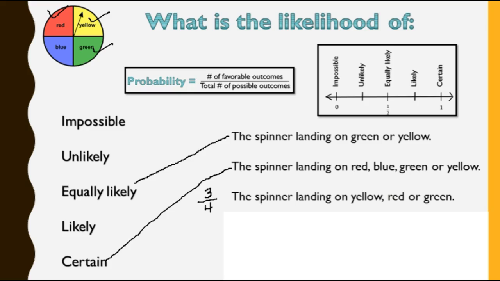So 3/4. Now that is bigger than 1/2, but it's not 1. So we're going to use this word, likely. So the likelihood that the spinner would land on yellow, red, or green is very likely. Okay. So we're going to draw a line to that word.